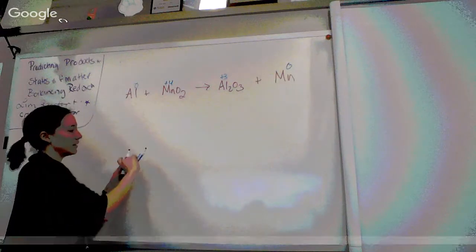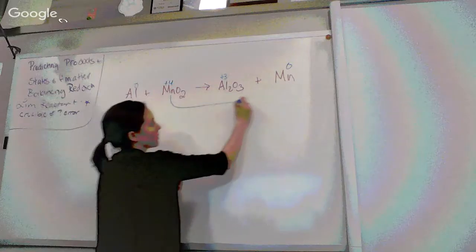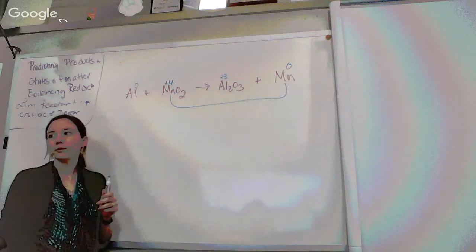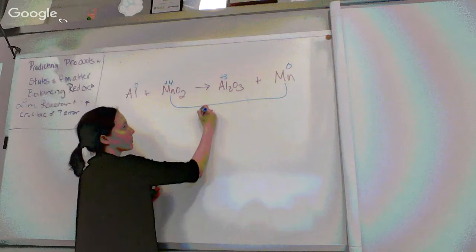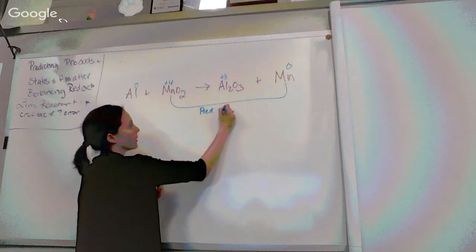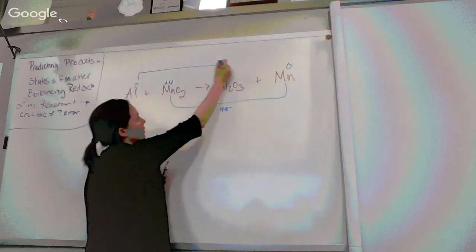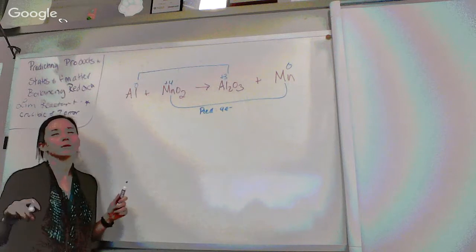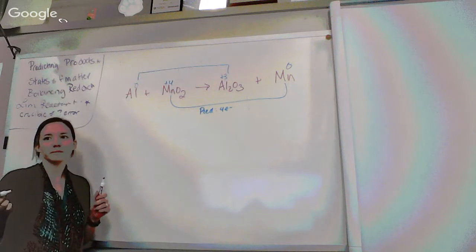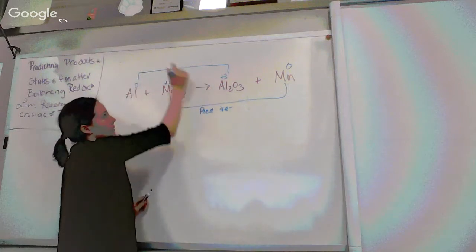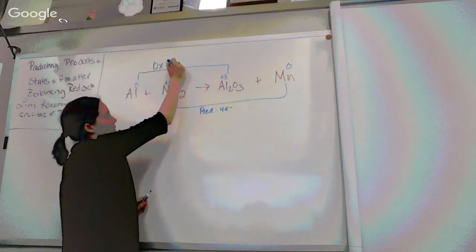So in this instance, did we oxidize or reduce? Manganese reduced by 4 electrons. And from here, did we oxidize or reduce? Aluminum oxidized because we went from 0 to +3. So here we oxidized 3 electrons.